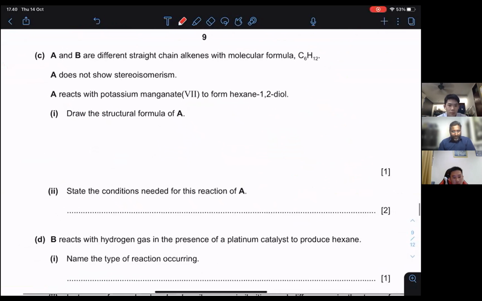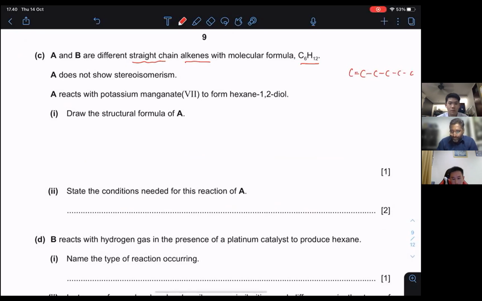If you look at this, A and B are different straight chain alkenes with a molecular formula of C6H12. So they already mentioned that they are unsaturated alkenes, which contain a double bond, and they mentioned it's a straight chain, so it means 6 carbons. We don't know where the double bond is, but there will be a double bond.